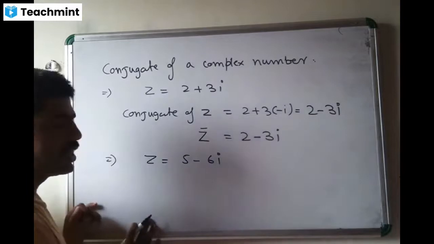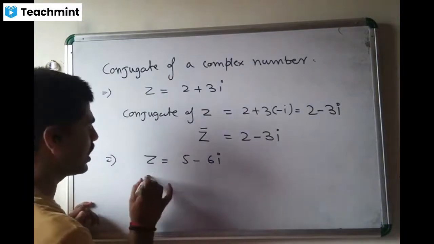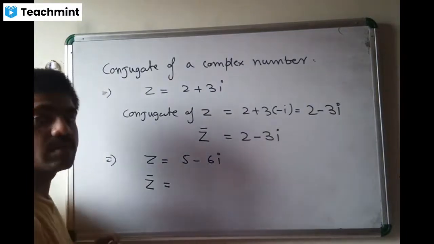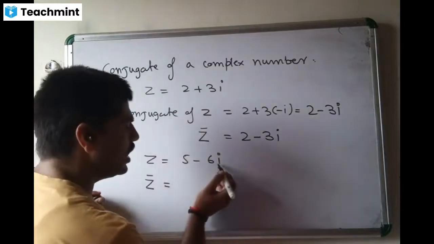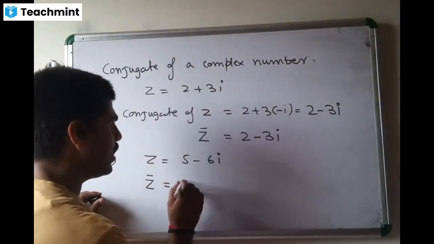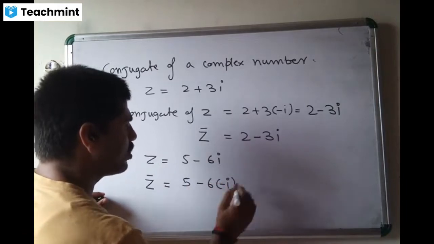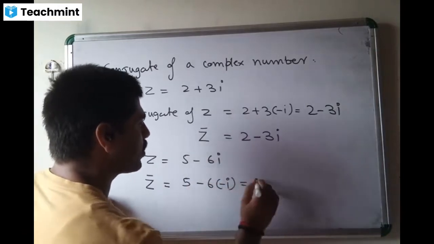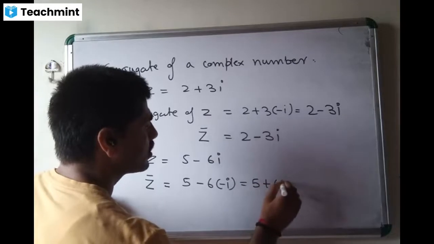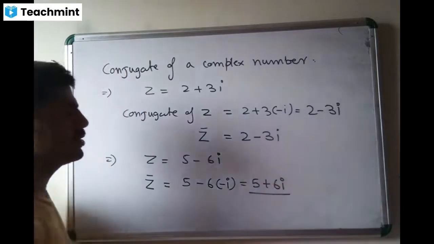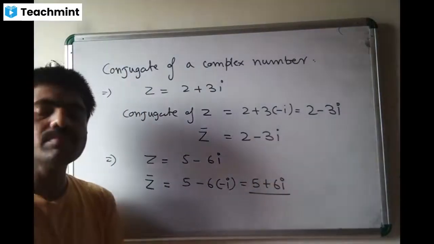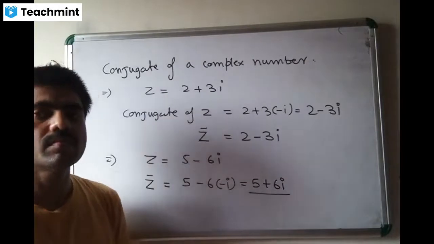To find its conjugate, we replace i by minus i, so 5 minus 6 into minus i, and you get 5 plus 6i.